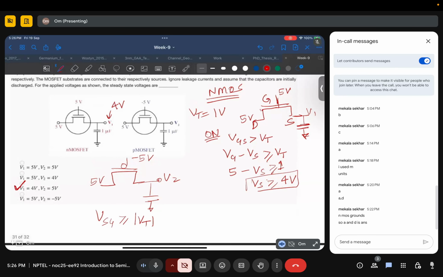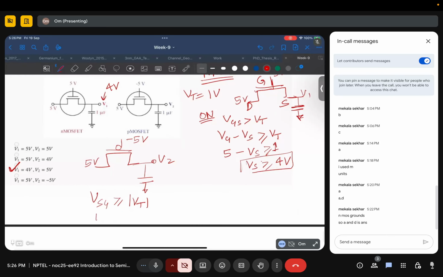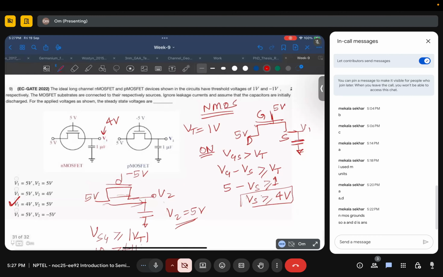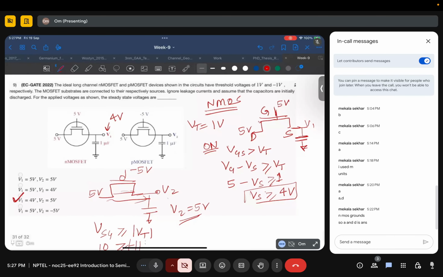So here VSG would be 10 volt, which is greater than or equal to mod of minus 1. So it will be on. So this 5 volt will directly pass here. So V2 will be 5 volt. So the answer is option C. V1 is 4 volt, V2 is 5 volt.